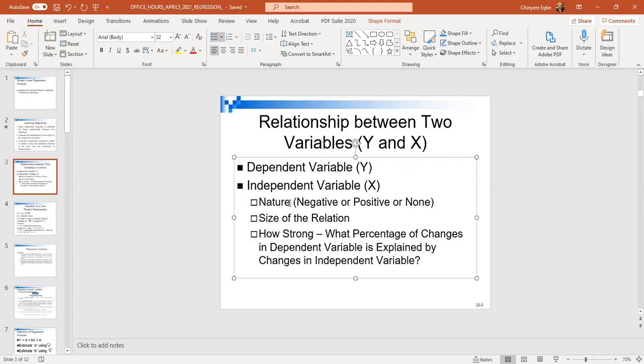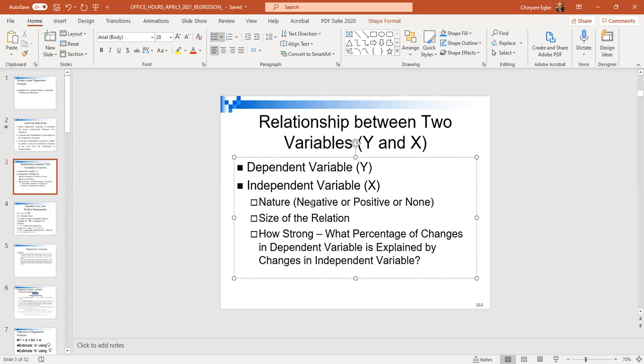First of all, we want to know about the nature of the relationship. Is it a negative relationship, or a positive relationship, or is it none? If it's a negative relationship, it simply means that as the independent variable increases, the dependent variable decreases. For example, if you are driving a car, how much gasoline you have in your vehicle depends on how far you are driving.